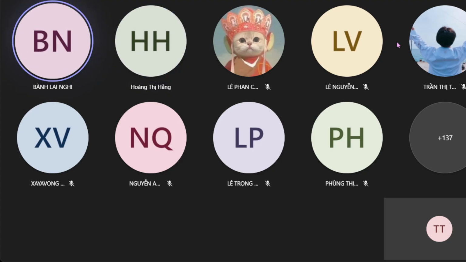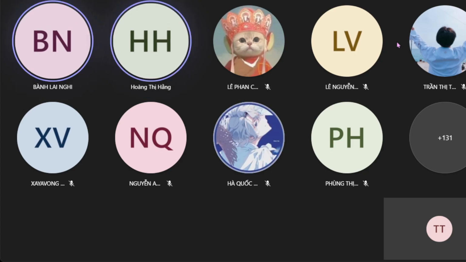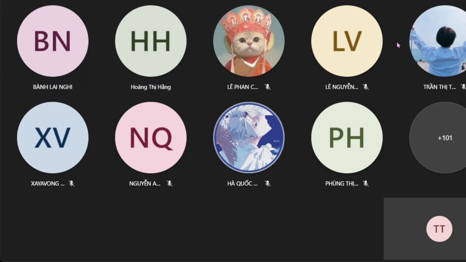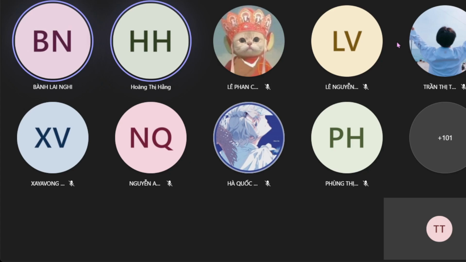And doctor will look at this graph and look at this pattern to show suitable treatment for a patient. I think so. Yeah. Thank you, Lai Nghi.